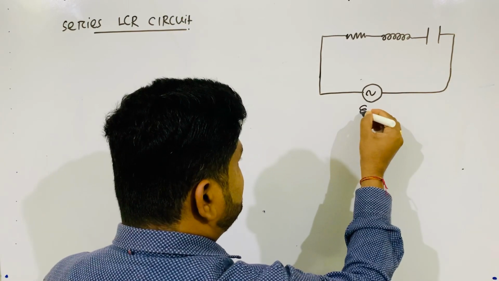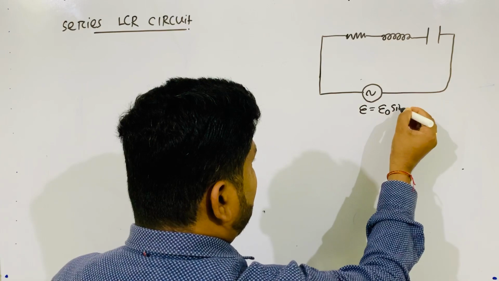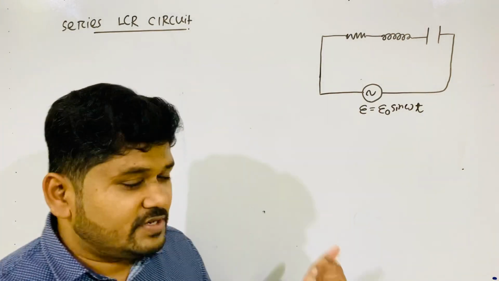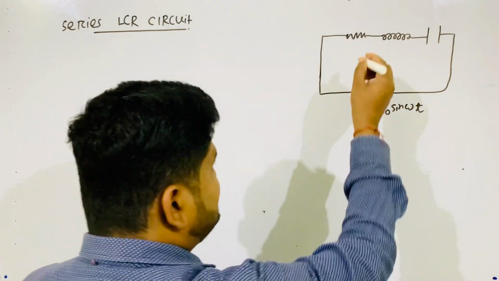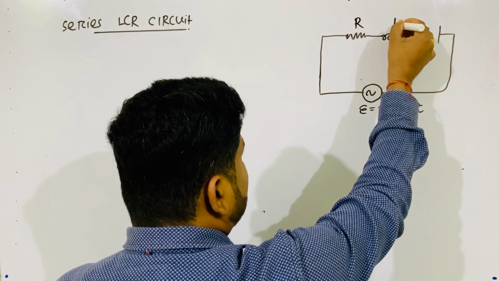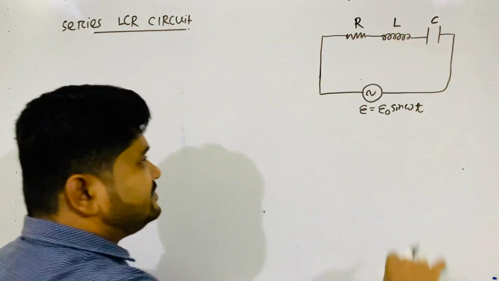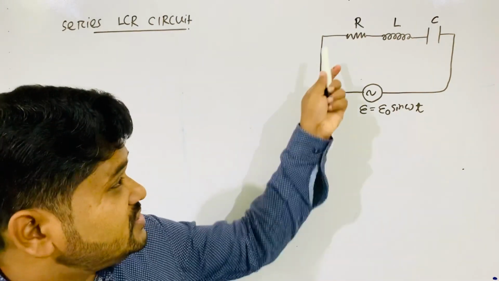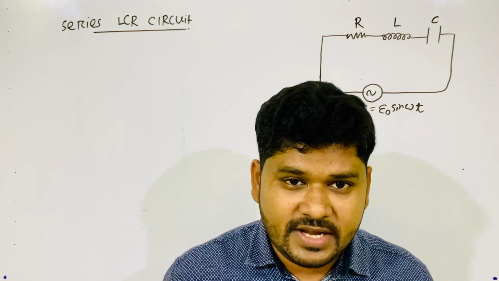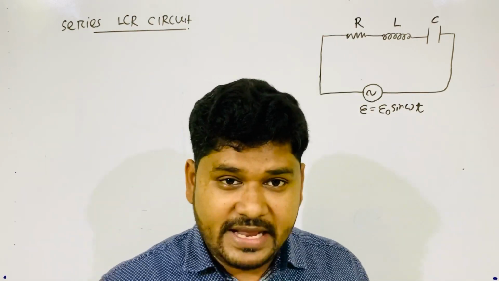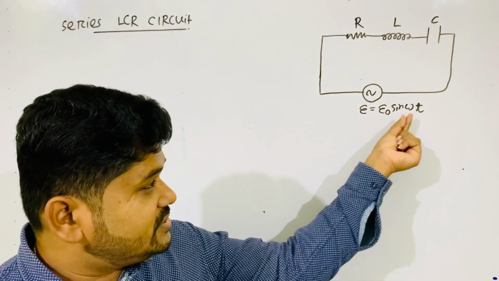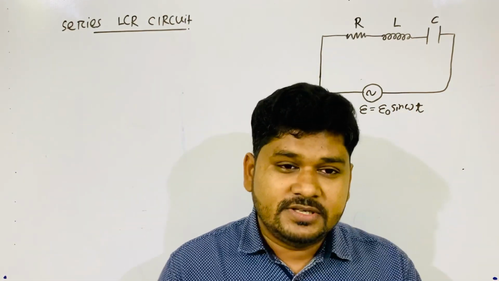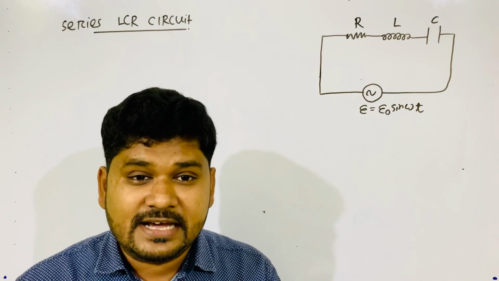Its EMF we take as E is equal to E naught sin omega t, as usual. And this is the resistance R, inductance L and capacitance C. These are constants, but XL and XC vary depending on the frequency omega of this source. So this is the series LCR circuit.